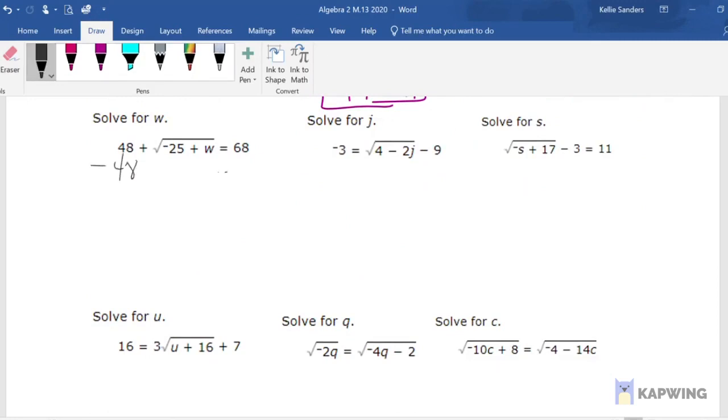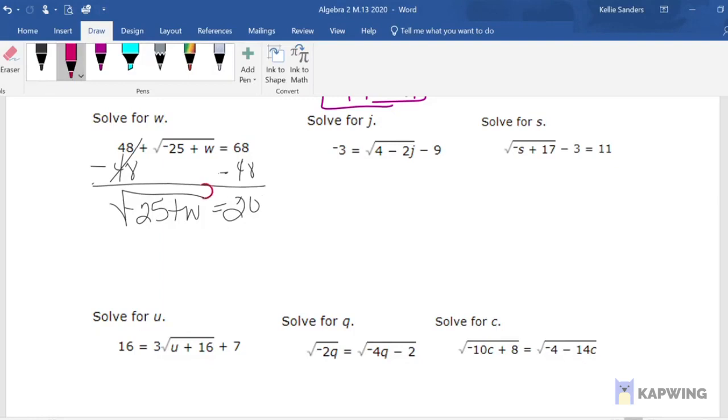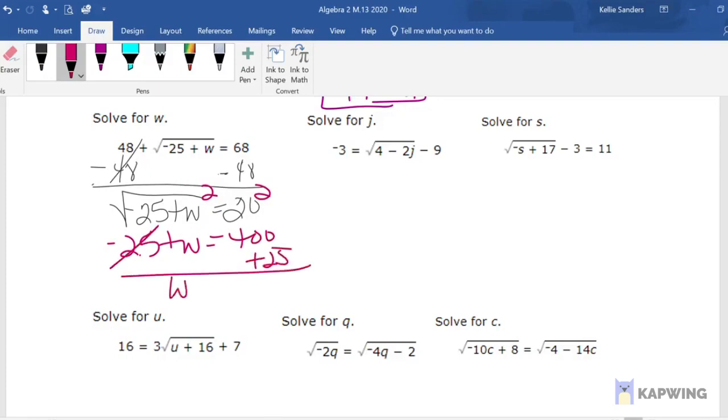Subtract 48. Subtract 48. The square root of negative 25 plus W equals 20. Square both sides. Negative 25 plus W equals 400. Add 25. 425.